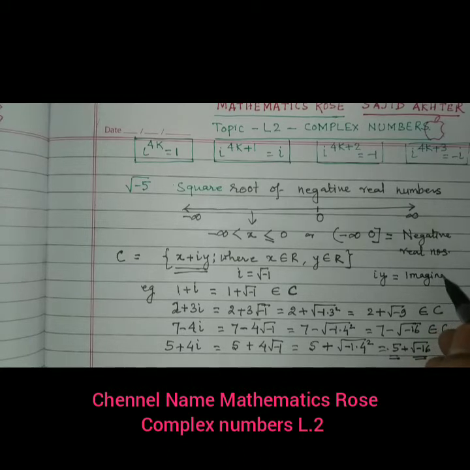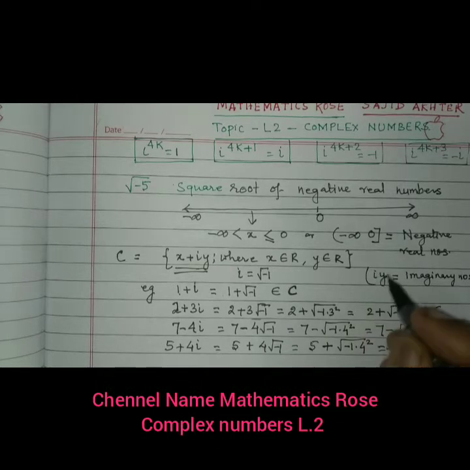Iy is an imaginary number because y is a real number and it is multiplied with i.